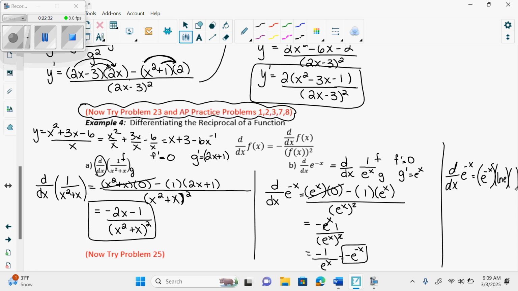You wrote it on a previous page. Rewrite it, ln of the base, derivative of the power. So negative 1. ln of e is just 1, correct? So my answer is negative e to the negative x. Done.